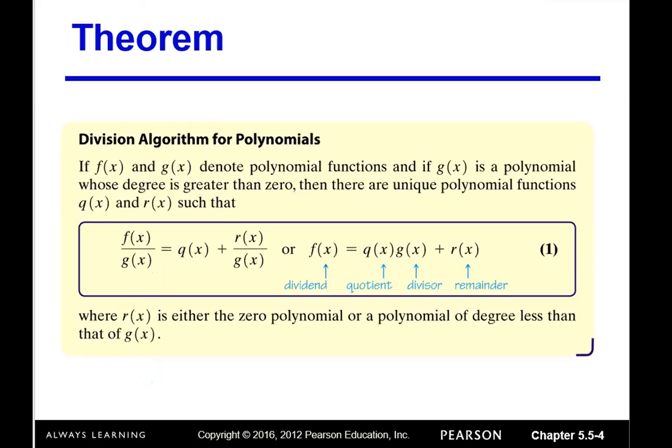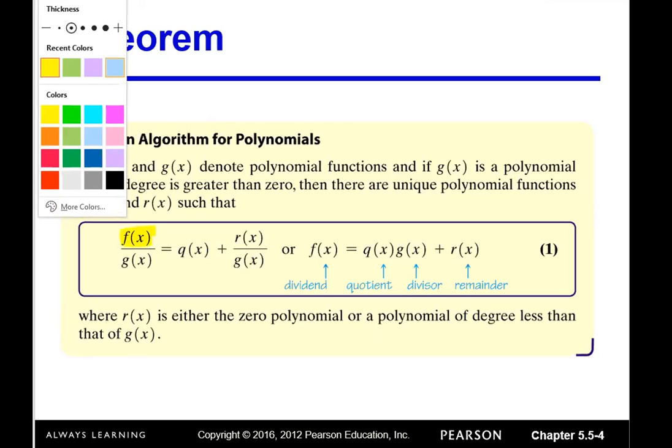Okay, so anyway, you're dividing. Then there will be a unique polynomial function q of x and r of x such that when you divide, you're going to end up with a remainder. So when I take my two polynomials and I divide it, I'll try to use colors here. I got f of x, that's one polynomial.